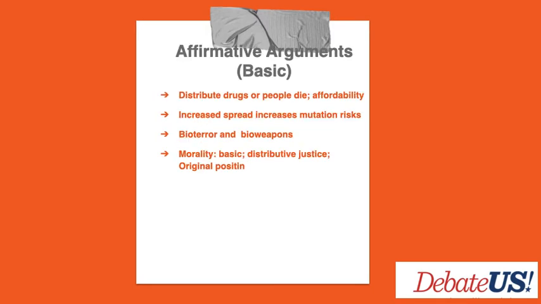What are the basic affirmative arguments? As I mentioned, there are even more arguments. You can listen to the varsity lecture; there's an even much larger list of arguments. But what are the key arguments? Well, first of all, we have to distribute the drugs, or people are going to die. If people don't get access to COVID-19 vaccines, they're arguably just going to pass away.